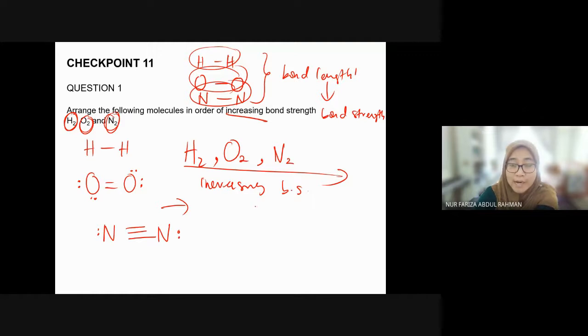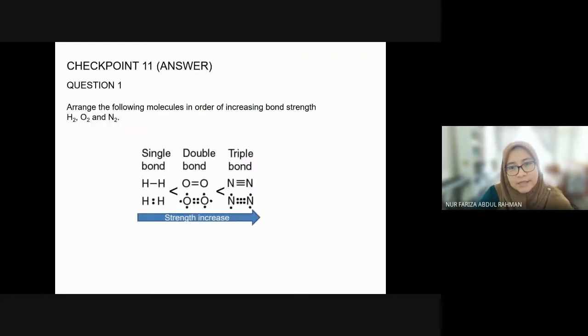That means more energy is needed to break the bond. Ataupun yang sama waktu dengannya lah. You have to mention in terms of bond order. Triple bond requires more energy in order to be broken. Nitrogen has triple bond guys. Okay. Ya, beginilah ceritanya.